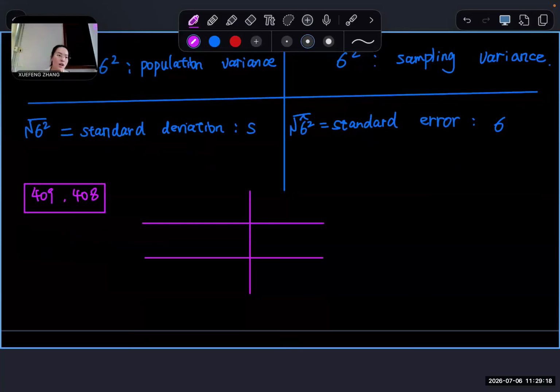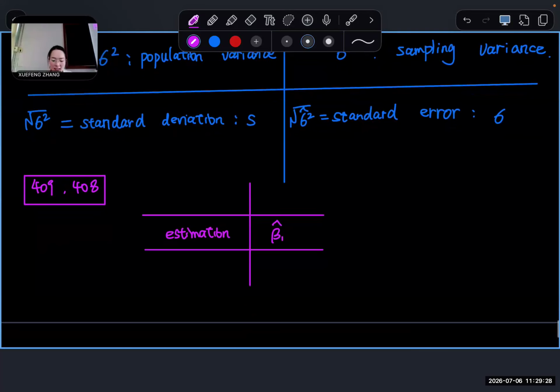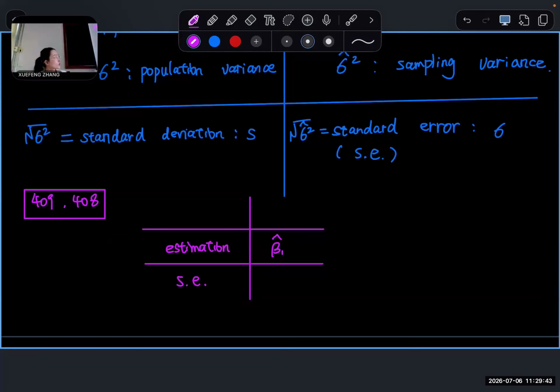The first one is the estimation of our parameter, which is beta 1 hat. And next, they will show you the standard error. Normally we use SE to represent standard error.